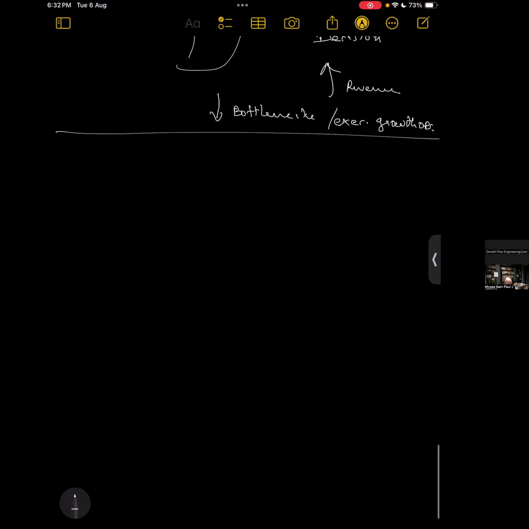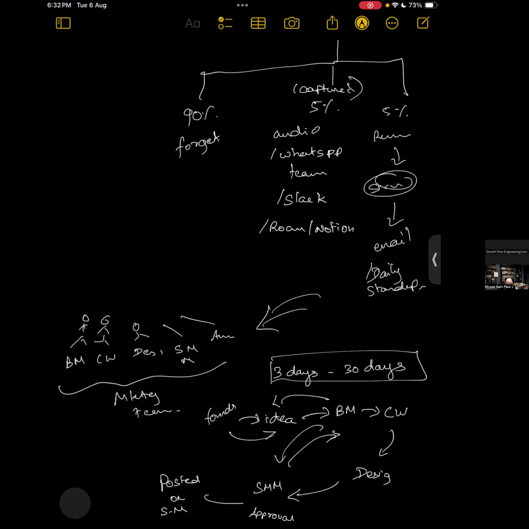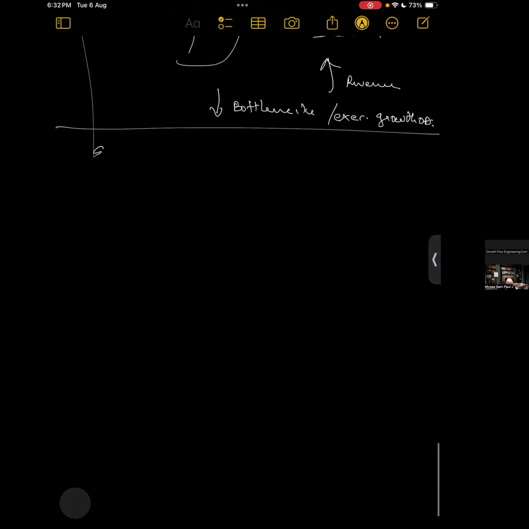So that's why we say, at growth flow engineering, we engineer, right? So we look at your existing processes and then we optimize where human intervention is needed, where it's not needed.